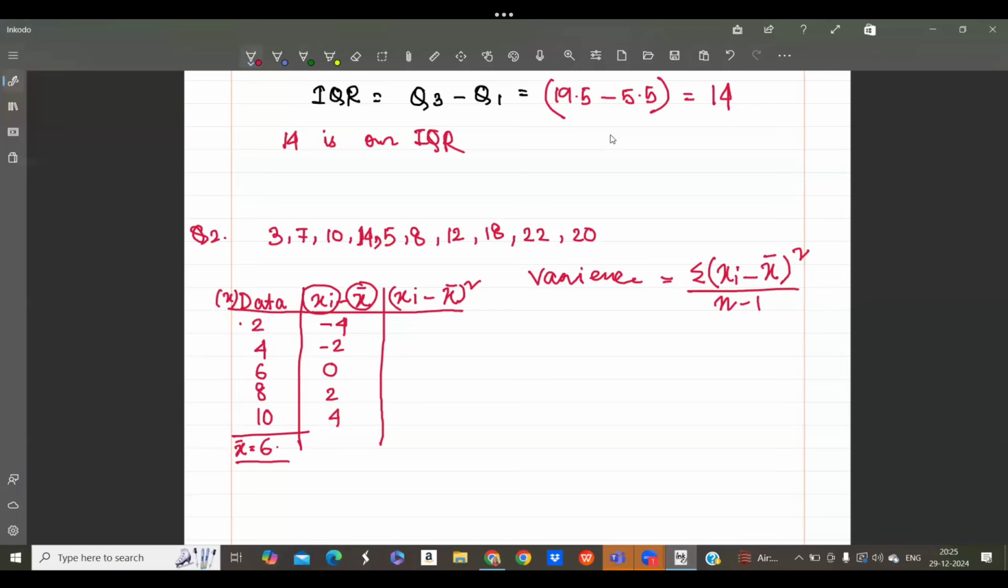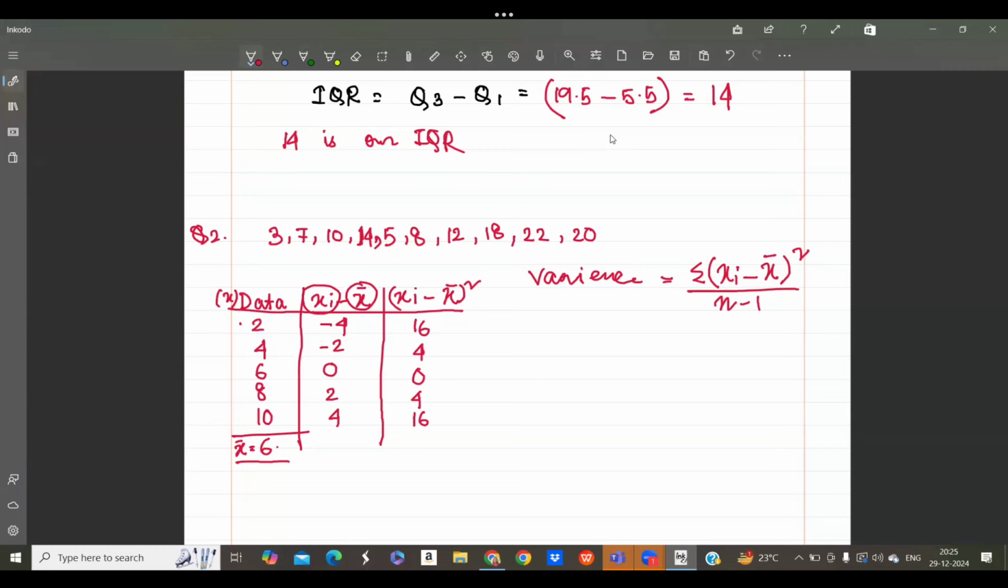Okay. Now what we need to do? We need to square off this number. We need to find the square of this deviation number. बताओ. 16, 4, 0, 4, 16.